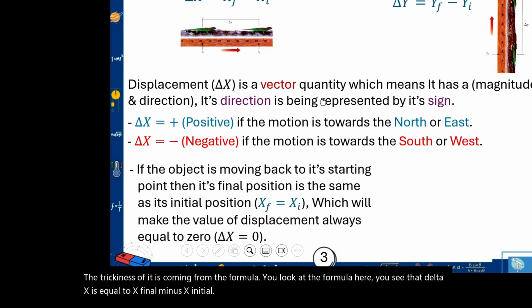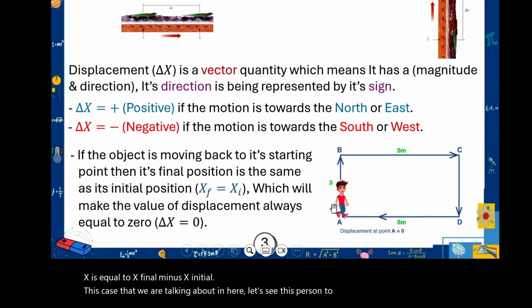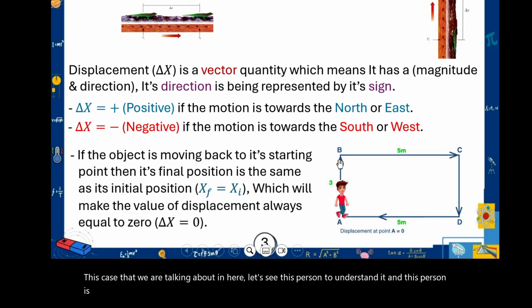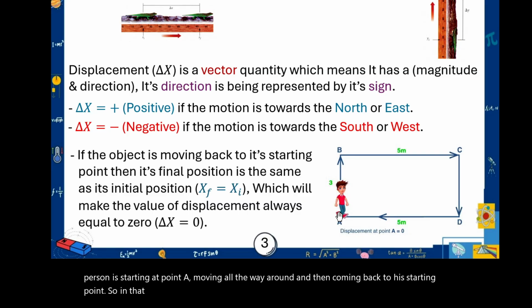This case that we are talking about in here, let's see this person to understand it. This person is starting at point A, moving all the way around, and then coming back to his starting point. So in that case, the starting position, the x initial, is the same as the final position, which is the x final.